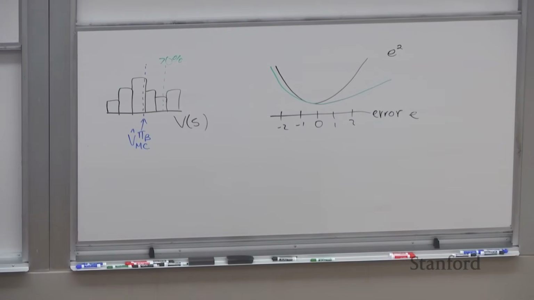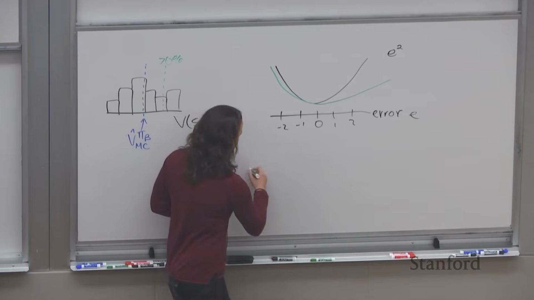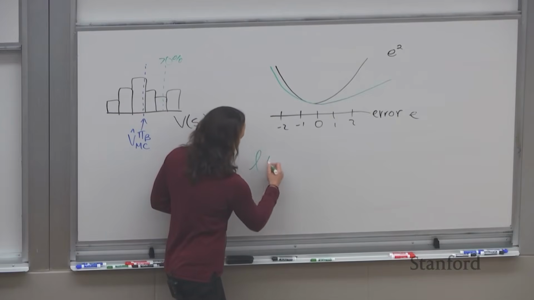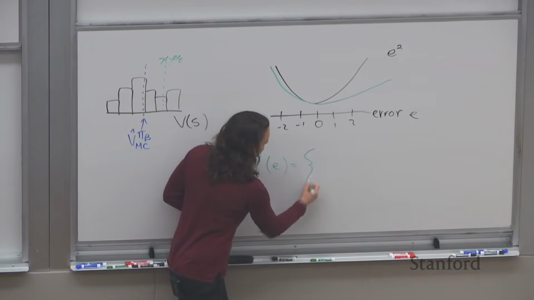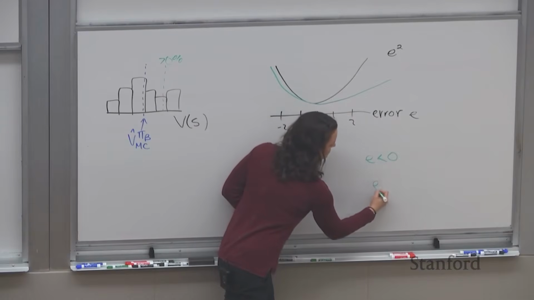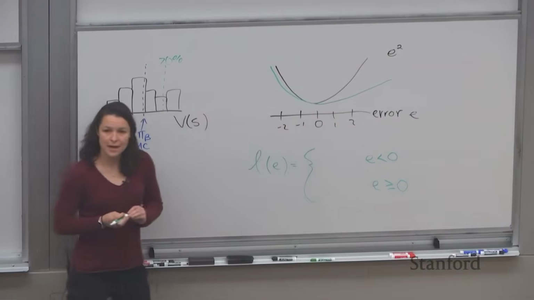Now, specifically what this looks like is, you have some loss function, with respect to error. This loss function is going to behave differently if the error is less than 0 versus if the error is greater than 0.